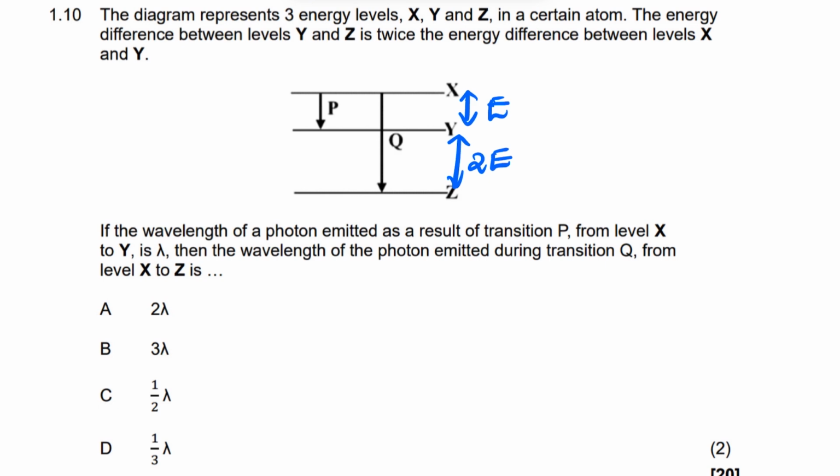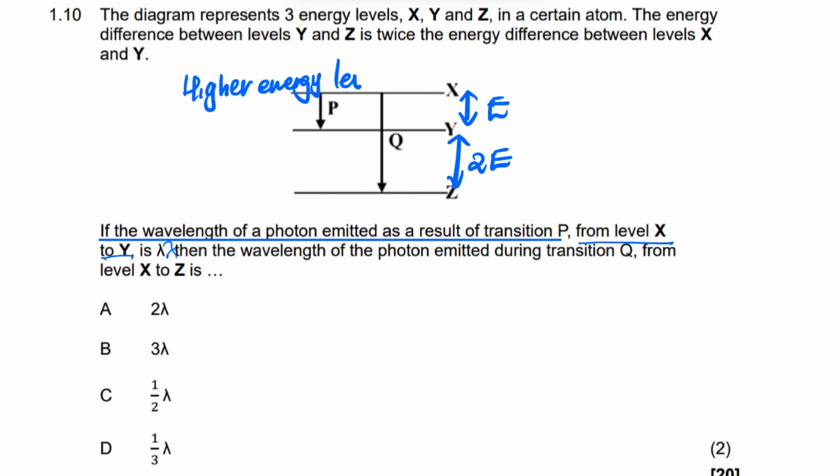Okay, now it says here, if the wavelength of a photon emitted as a result of transition P from level X to Y is lambda. So guys, if you are looking at this, this is the higher energy level, which is the top one.